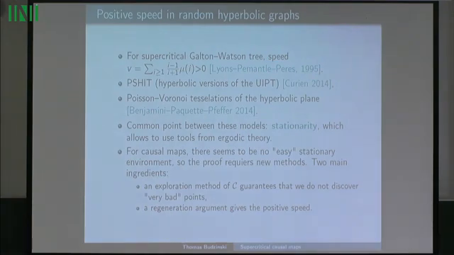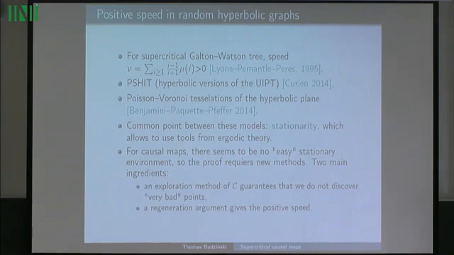So to prove positive speed, we need to find new ideas, and the two main ingredients of the proof are the following. First, we need to make sure that the random walk does not get stuck in very bad regions where it would stay for a long time without going up, which is guaranteed with the help of an exploration method of the causal map.